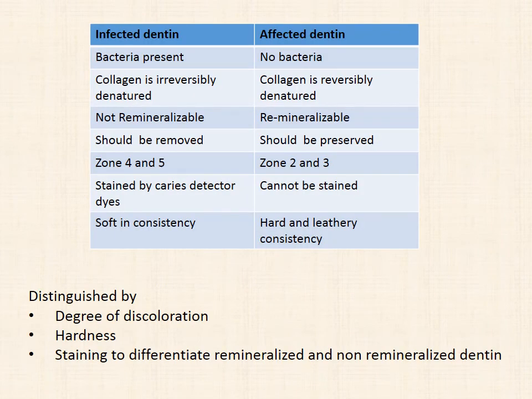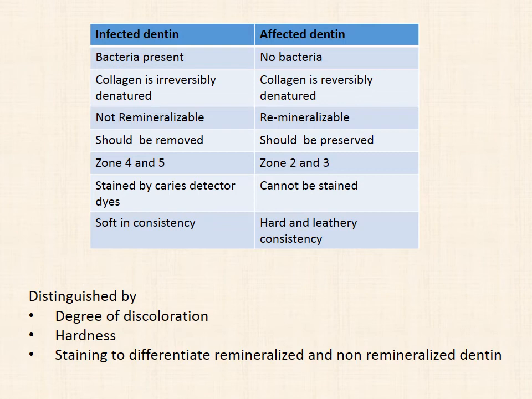We will also be discussing infected and affected dentine, because of the type of dentine that has to be removed for restoration or minimal cavity preparation. So how do you differentiate whether the dentine has to be removed or has to be left on the tooth surface?